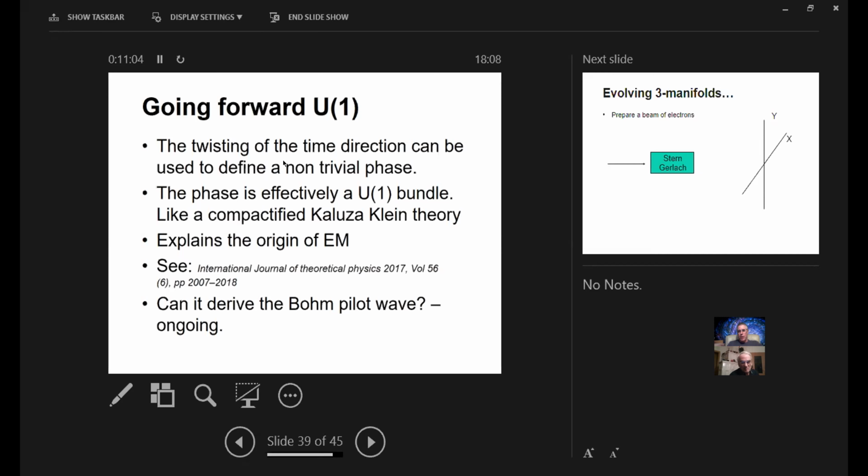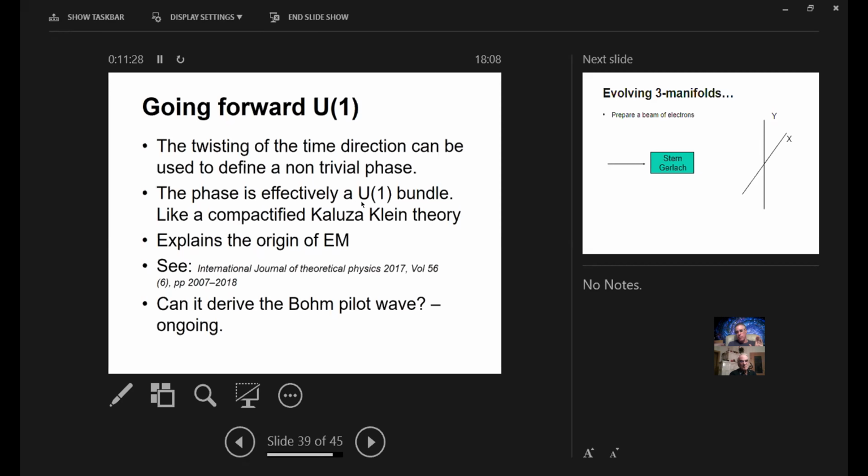And you can stretch the Mobius strip out. It could be flat in some places and not twisting, but it's not trivial. Over the entire circle of the Mobius strip, it must twist through pi. So you can actually use this twisting of the time direction to define a U1 bundle, an angle. At every point on that Mobius strip, it's at an angle to what it was before.